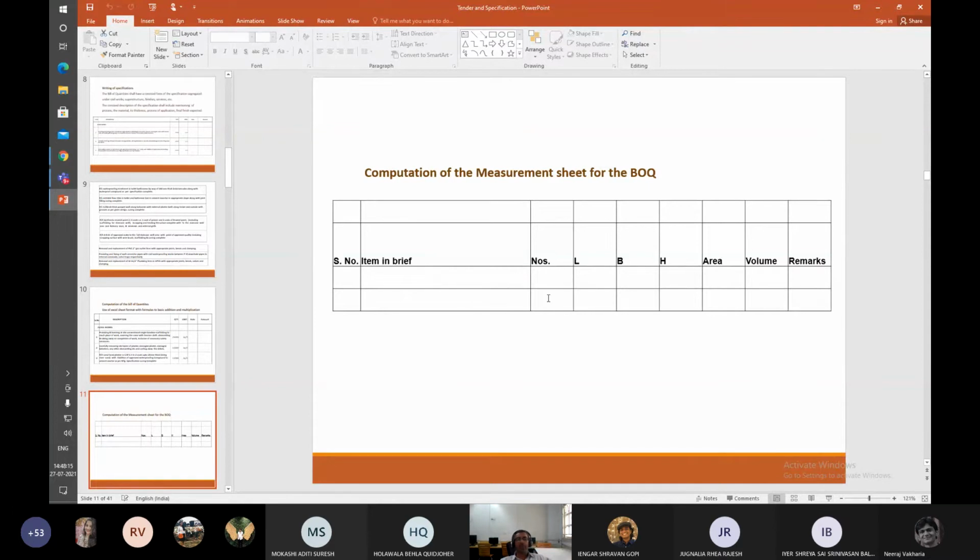You will immediately gather either he's taken one of the lengths as wrong, or he's quoting the height as wrong, and immediately you can correct the measurement sheet and bring the project within control, or bring the costing within control.